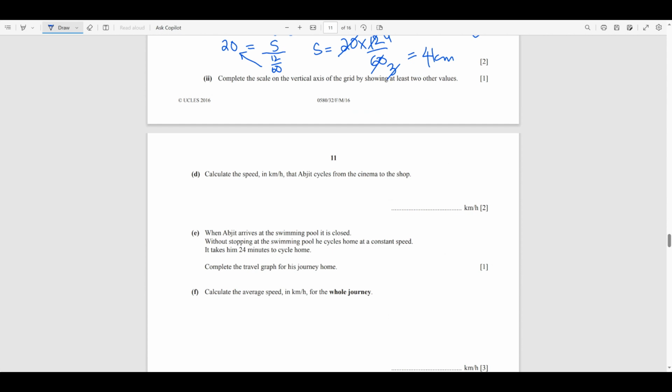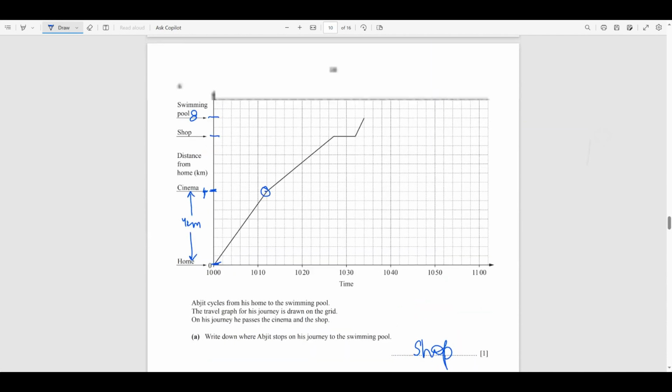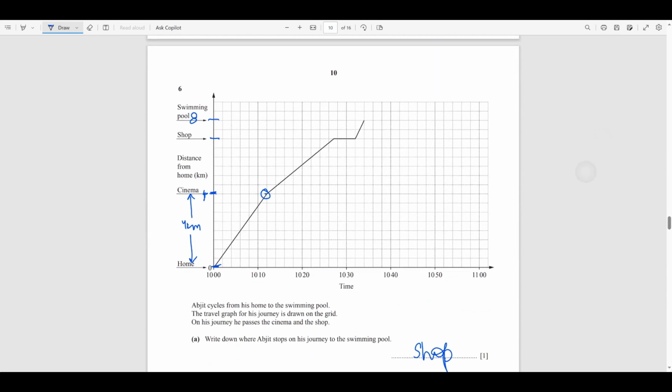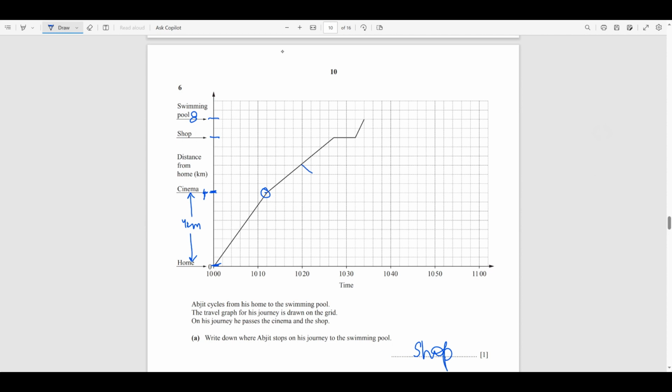Part D, calculate the speed in kilometers per hour that Abjeet cycles from the cinema to the shop. So basically we need to calculate the speed over here. So first let's see how much distance has been covered. On the y-axis, where we have distance in kilometers, we know that 8 boxes represent 4 kilometers, right?